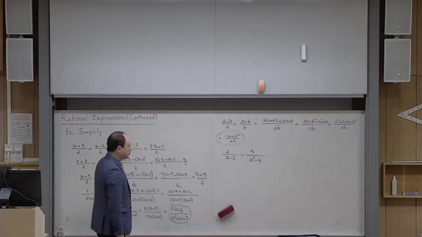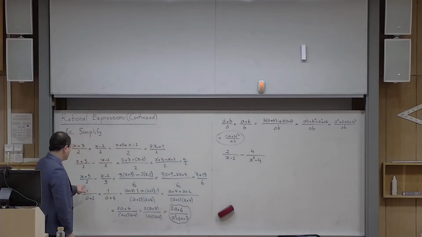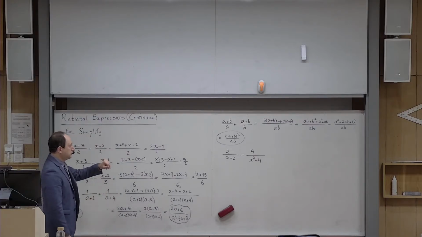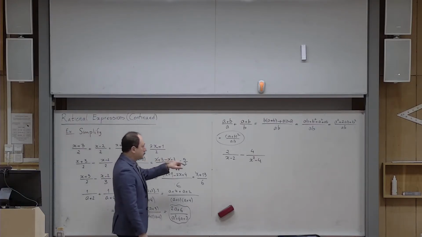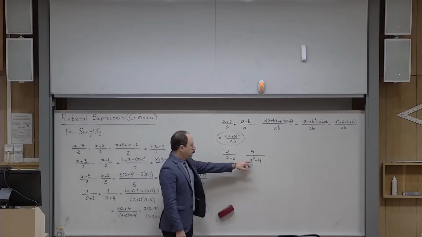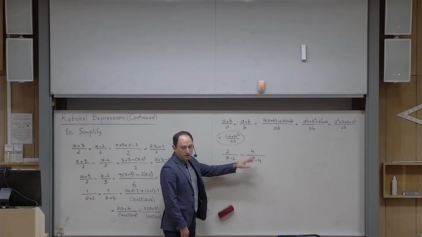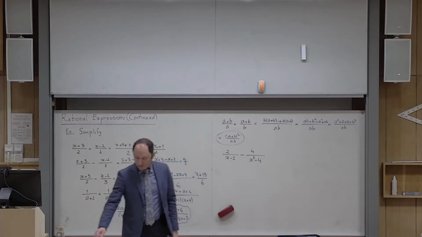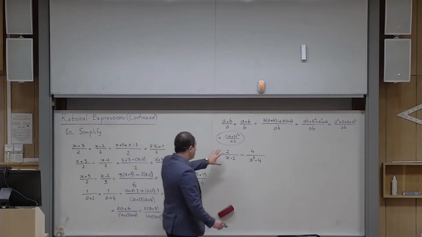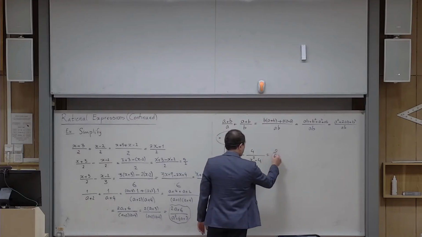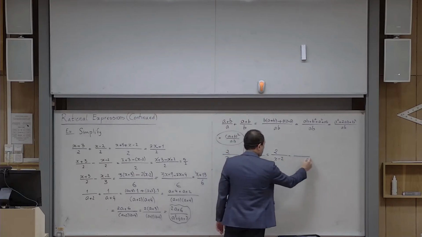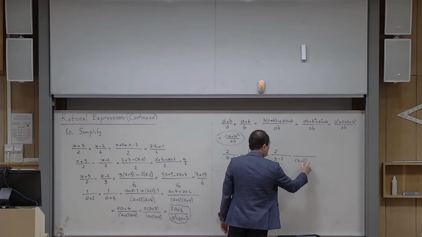I didn't talk about this step because they were already in factorized form in all the examples that I've brought so far. But here I have a fraction whose denominator is not in factorized form. So this is the first step that you have to do. So I will rewrite the first one, but I will factorize the second denominator, which is x minus 2, x plus 2.